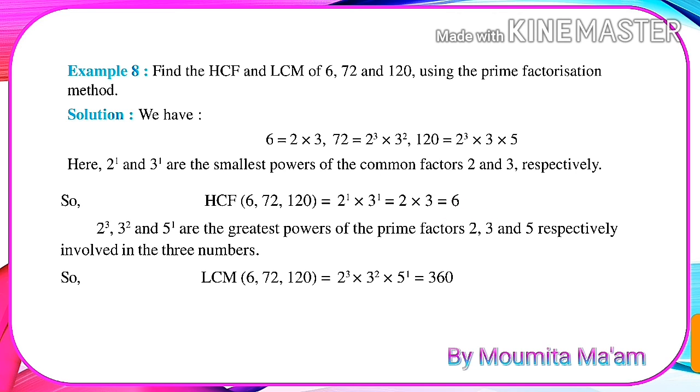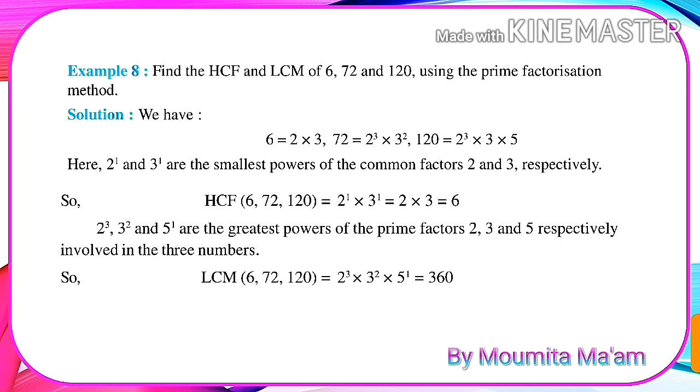So 6 is the highest common factor, or the biggest number which can divide 6, 72 and 120 without leaving any remainder. So 2 to the power 3, 3 to the power 2 and 5 to the power 1 are the greatest powers of the prime factors 2, 3 and 5 respectively in the three numbers.